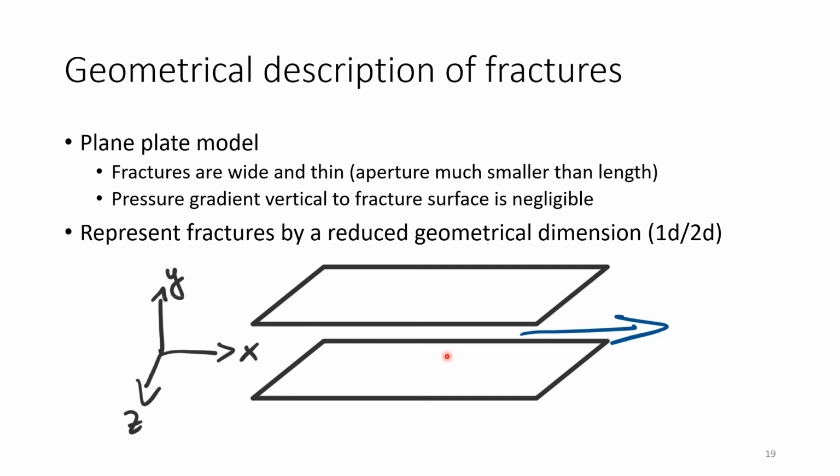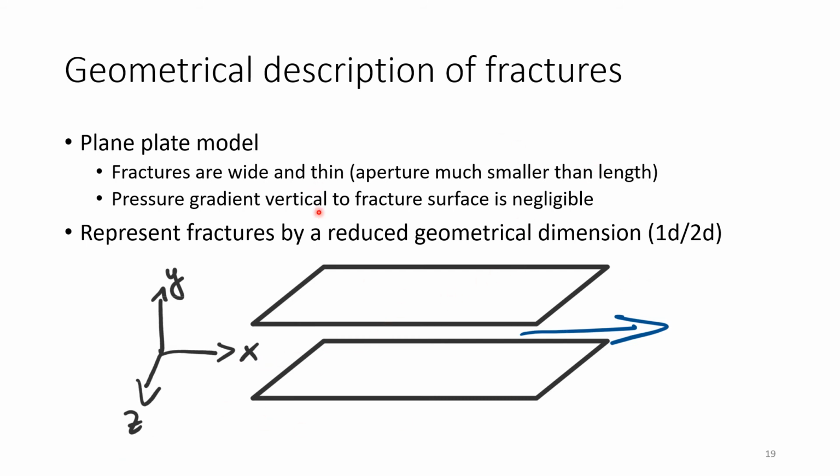That means when you're in a 3D model, you can approximate a fracture as a 2D area, right? Because in this 2D area, you have a flow which is aligned in some way, but it's moving within this plane. Or if you go to a 2D model, your fracture is simply a line, because it just has one preferential direction.